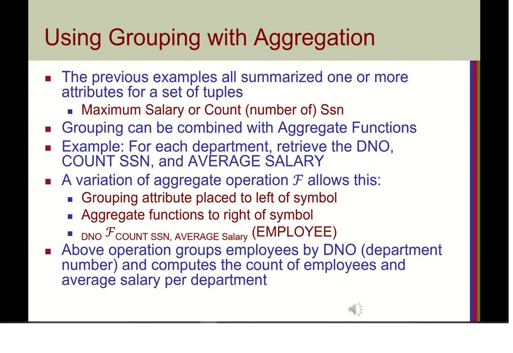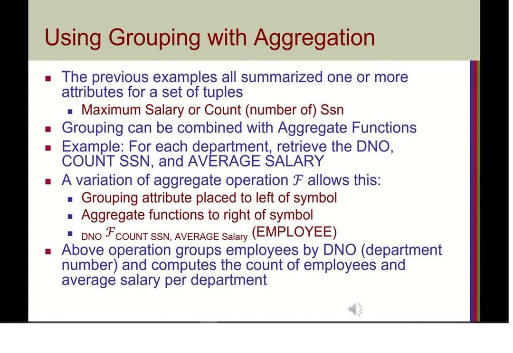The previous examples all summarized one or more attributes for a set of tuples: maximum salary or count (number of) SSN. Grouping can be combined with aggregate functions. Example: for each department, retrieve the DNO, count SSN, and average salary.